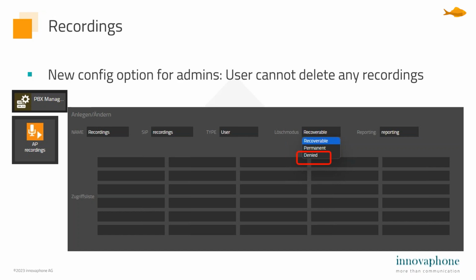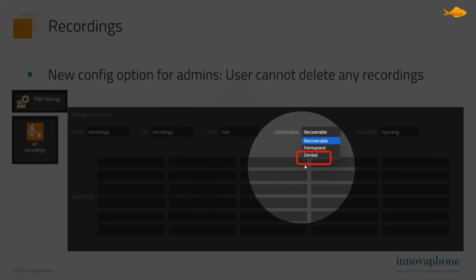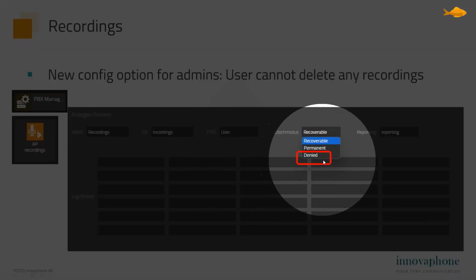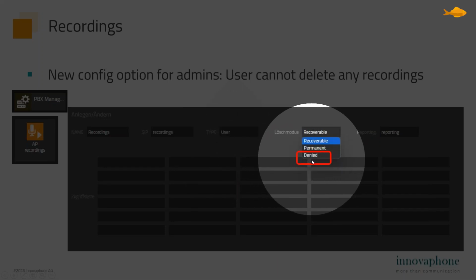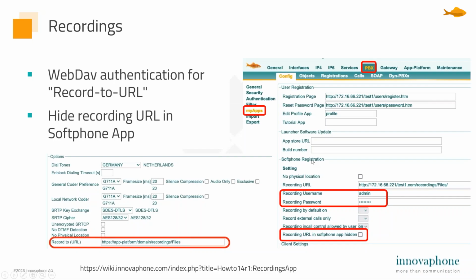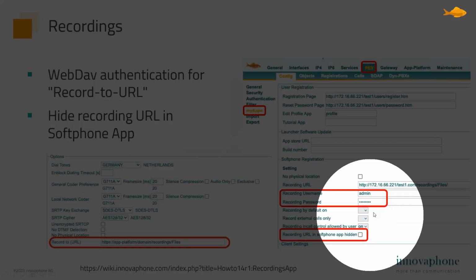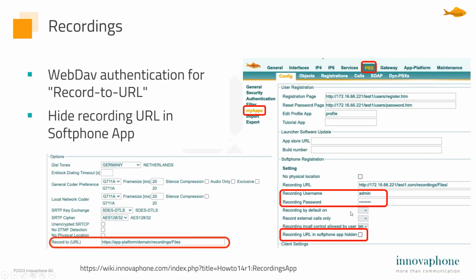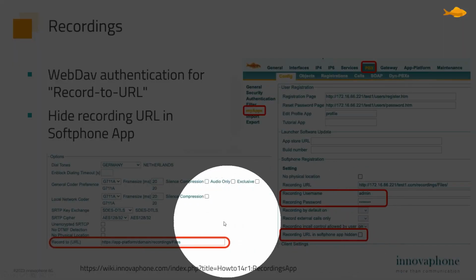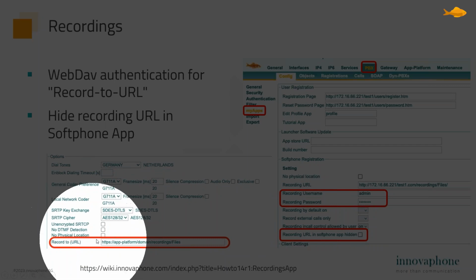Here, real quick, is a screenshot where you can see the administrator has the option to deny a user the possibility to delete recordings. And here you can see how to integrate the WebDAV authentication for record to URL, where the admin has to create a username and a password, and also has the possibility to hide the recording URL within the Softphone app.